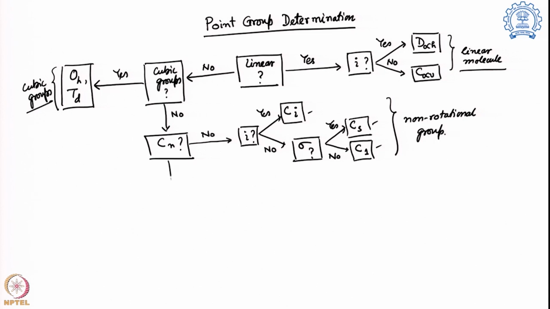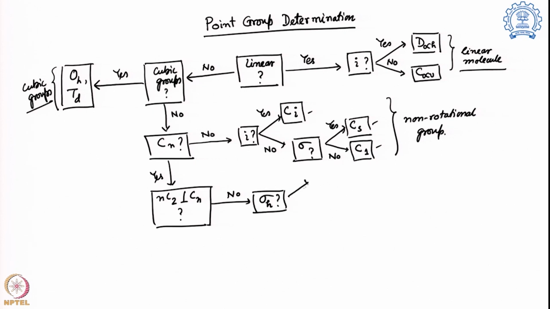But if the molecule has a Cn present, then we can be either in the single axis rotation group or the dihedral group, and the factor that differentiates between them is this: do you have a number of C2 axes perpendicular to that principal axis Cn or not? If the answer is no, that means I belong to the Cn based point groups, and there I figure out whether they have sigma h or not. If yes, that will be the Cnh point group.